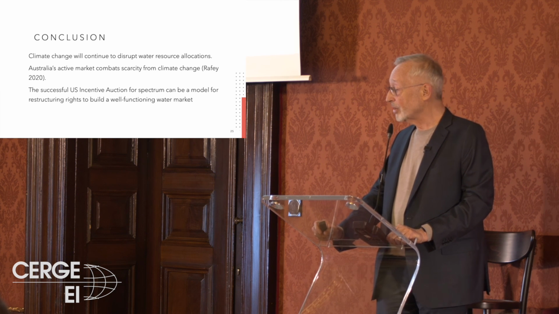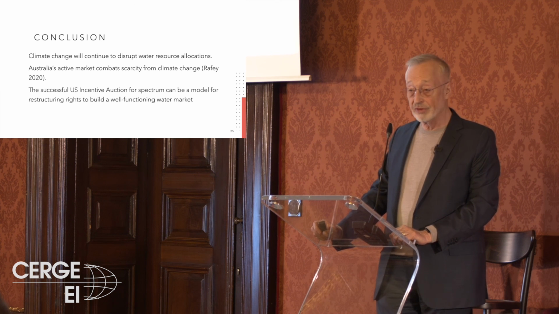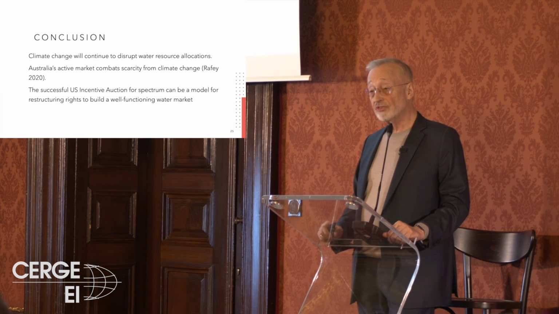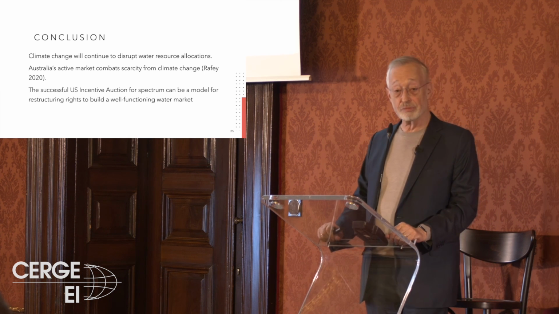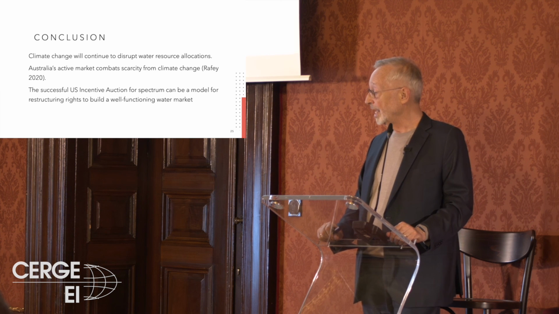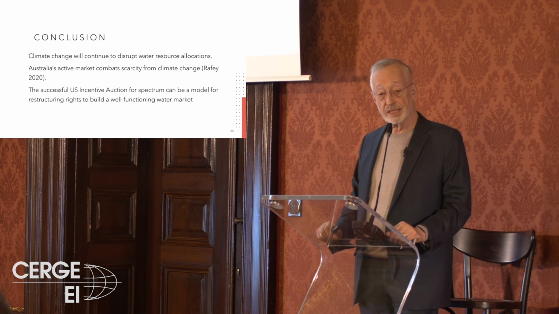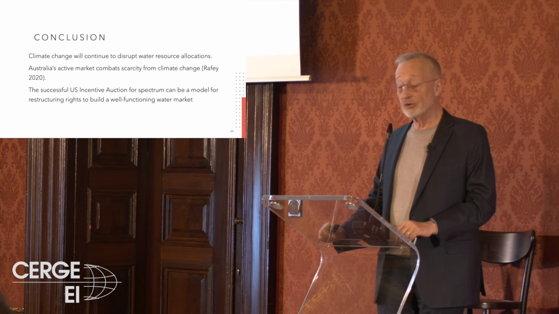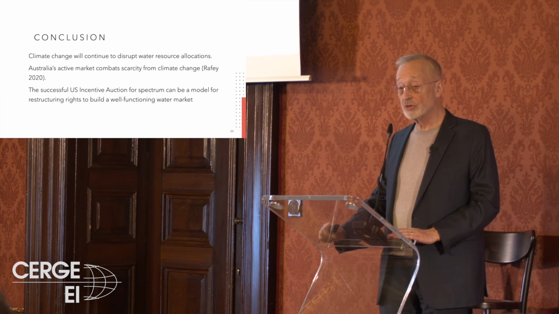Australia's active market has been shown to combat scarcity and improve allocation significantly, and the successful U.S. incentive auction, which cleared a lot of spectrum for mobile data use, can be a model for how you can restructure rights in a voluntary way without forcing or compelling the existing holders to give up property rights that we can't force them to give up, to build a well-functioning auction market with tradable rights.